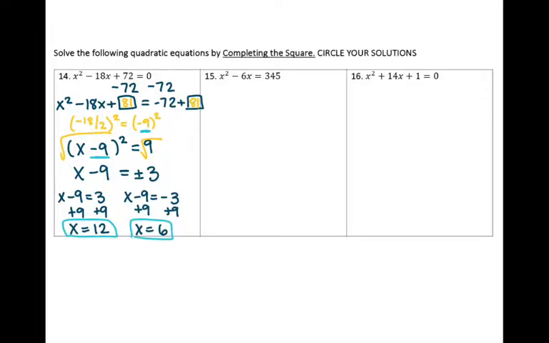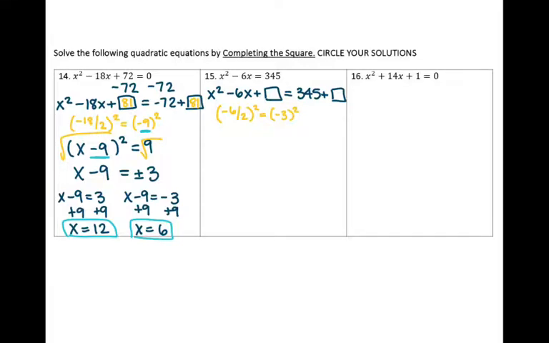All right, let's do another one. For number 15, our c was already moved to the other side, so I'm going to insert my squares. So I have x squared minus 6x plus my square equals 345 plus my other square, because I'm completing the square. Take half of b and square it. Half of negative 6 is negative 3.